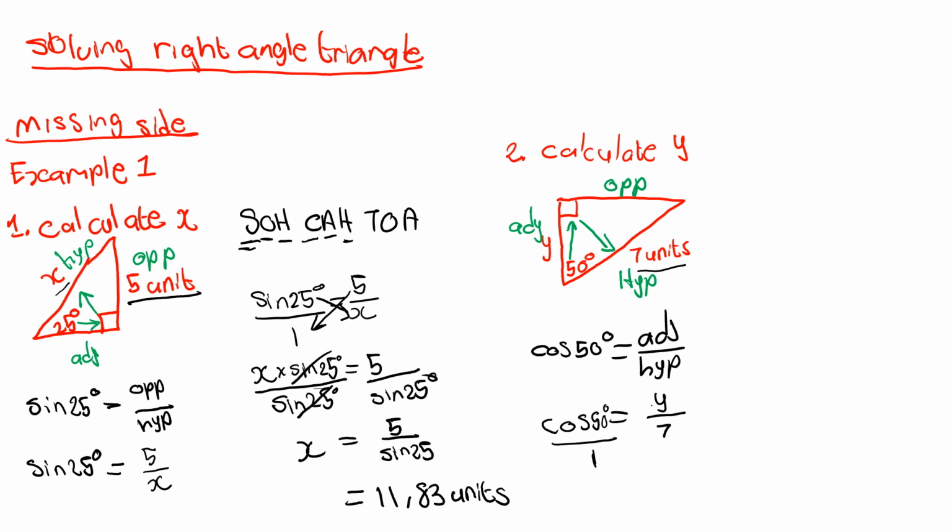So y will multiply with 1 and cos 50 with 7. So y multiplied by 1 will be equals to y. Then cos 50 multiplied by 7 is 7 multiplied by cos 50.